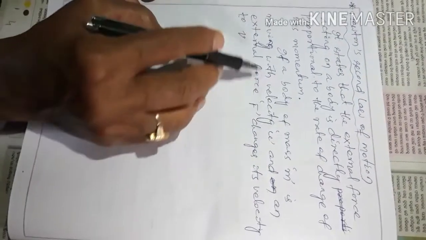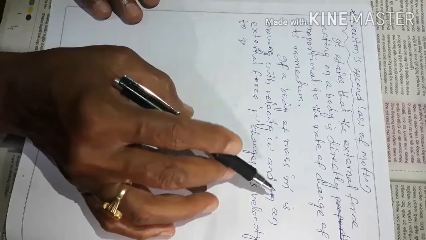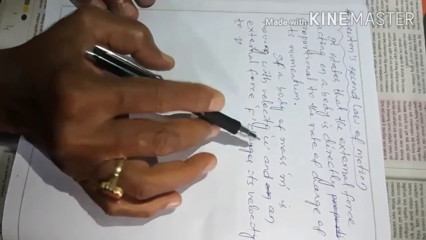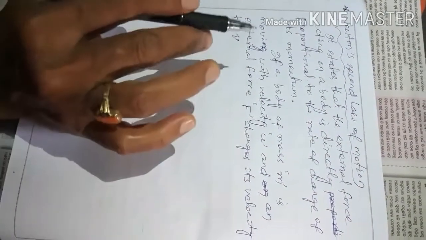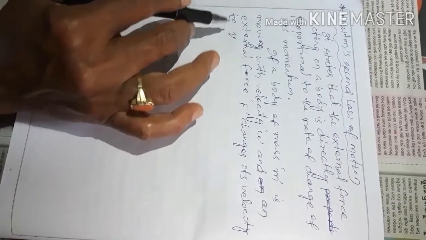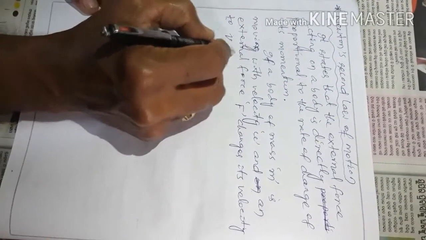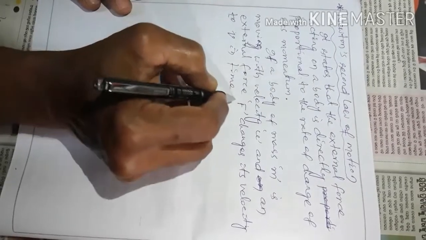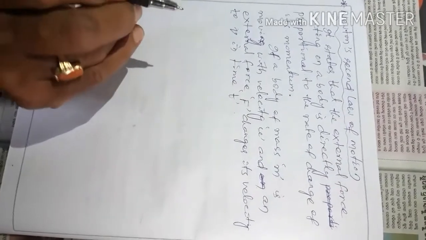Initially the body of mass m moves with a velocity u, and an external force F changes its velocity to V in time t. Clear?